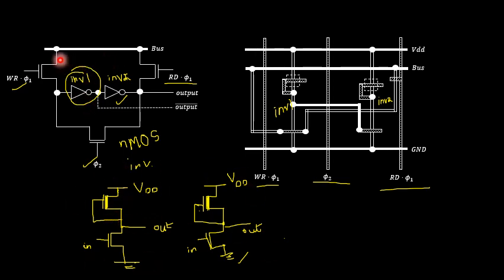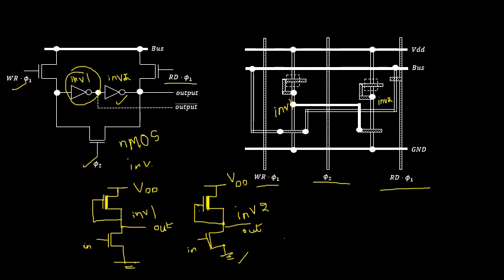So for these three transistors along with these two inverters, I have drawn the stick diagram over here. You are going to refer to this in order to draw the inverter 1 stick diagram, and this in order to draw the inverter 2 stick diagram. So how are we going to draw?